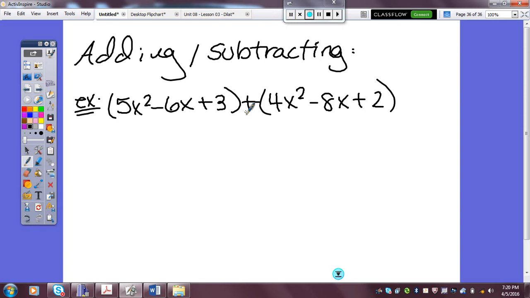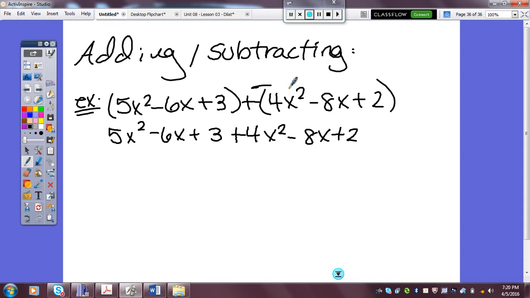This is 3 terms, which makes a trinomial, and this is 3 terms, which makes a trinomial. I know that they're positive because I'm adding them, so parentheses are not needed when you add. So I can go ahead and write this down again exactly as I see it. Parentheses are not needed when adding.